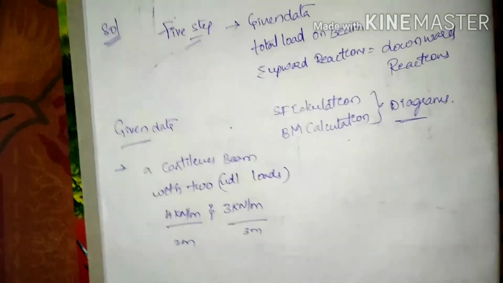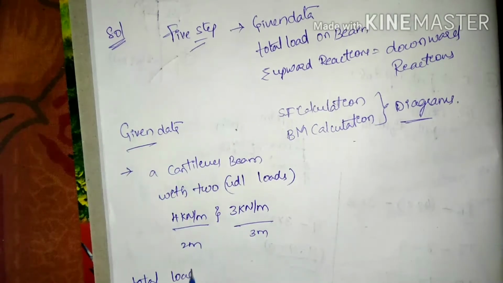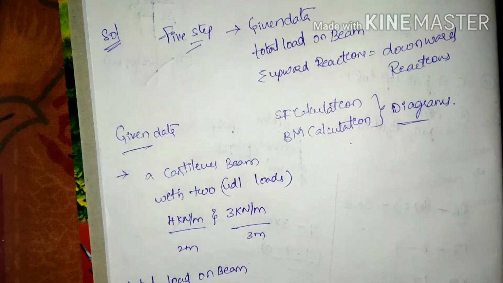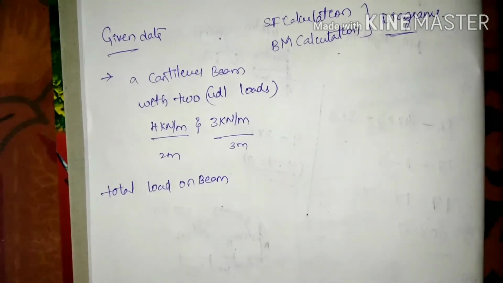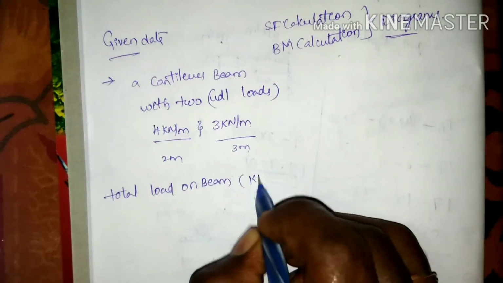Next, total load on beam. Here we have the UDL loads, so we have to convert them into point loads, so that we have the load in kilonewtons.